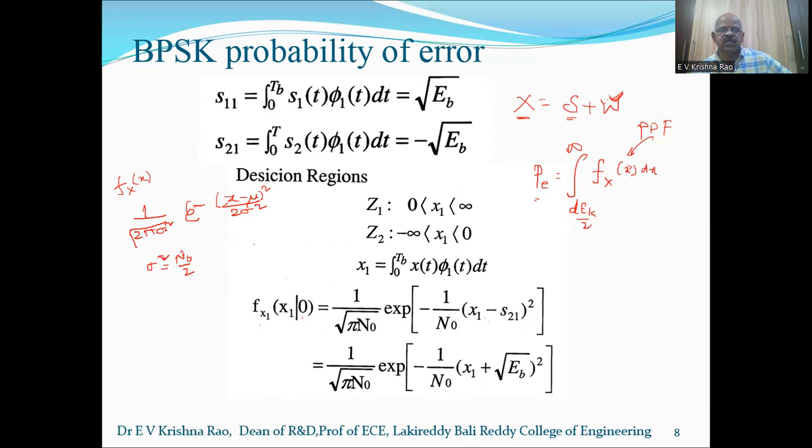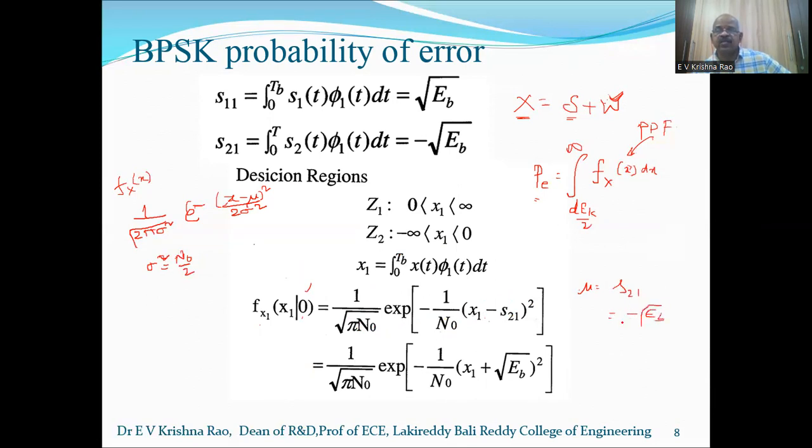If you substitute here, 2 pi sigma square gives pi N naught, so 1 by root pi N naught, e power minus (x minus mu) square by N naught. So here for binary 0, the mean mu is S21, which is minus root EB.